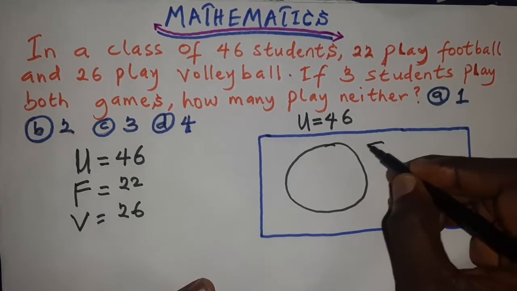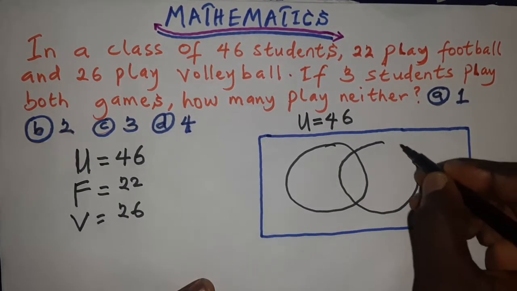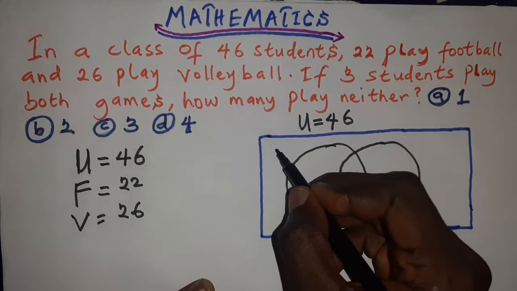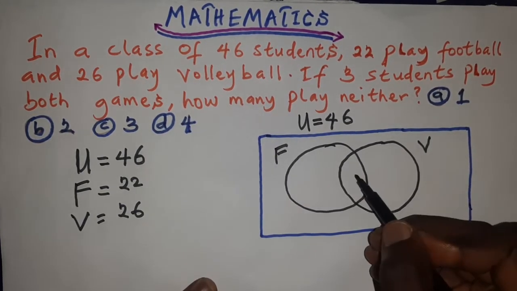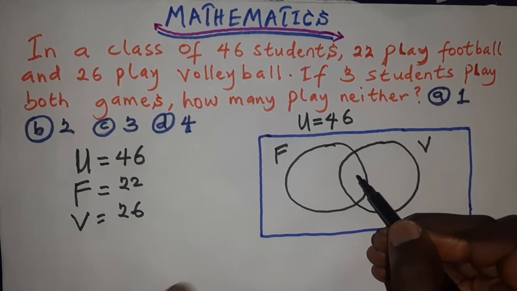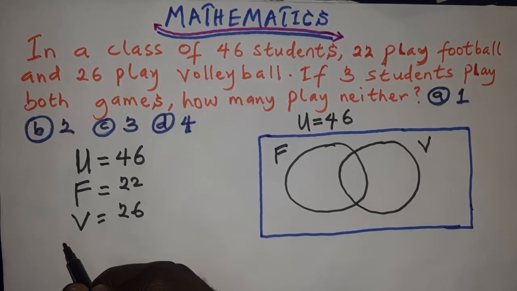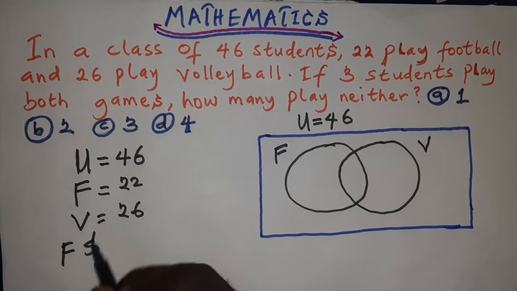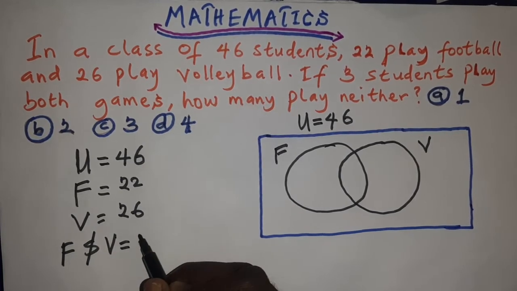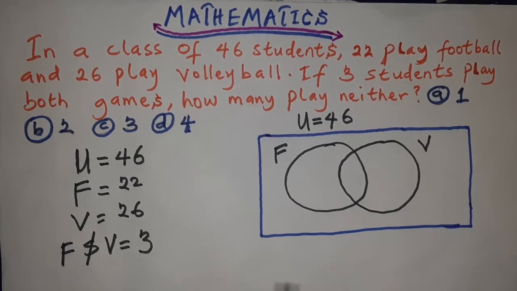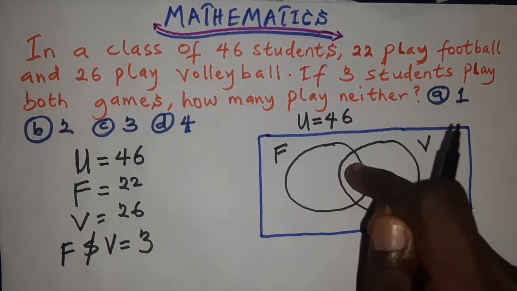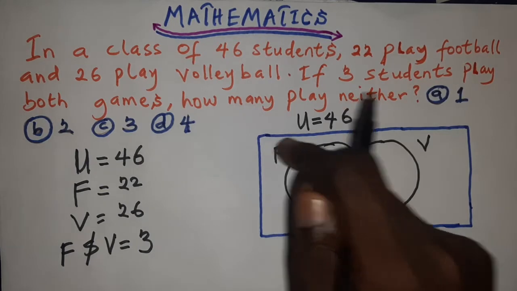This will be our football and this will be our volleyball. So this here will be where I fix my 3. For football and volleyball, we have 3 students. So I'll fix 3 here for this intersection because the 3 chose both football and volleyball.